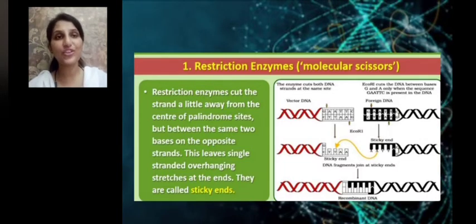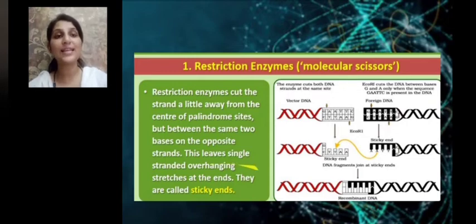Okay, so the restriction enzymes cut the DNA strand a little away from the center of the palindromic sites, that is the recognition sequences, but between the same two bases on the opposite strands, that is between the G and A on this strand and between the G and A on the other anti-parallel strand. As a result of cutting the DNA at specific sites between the same two bases, what happens?